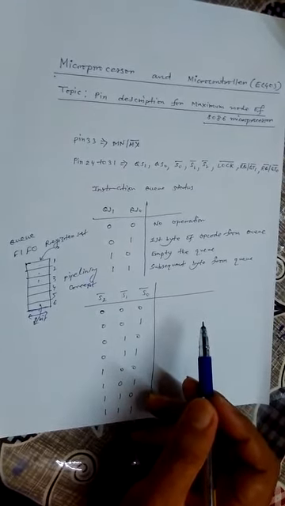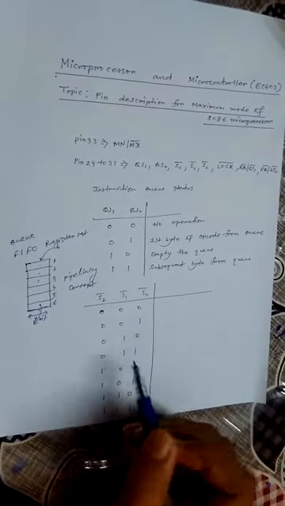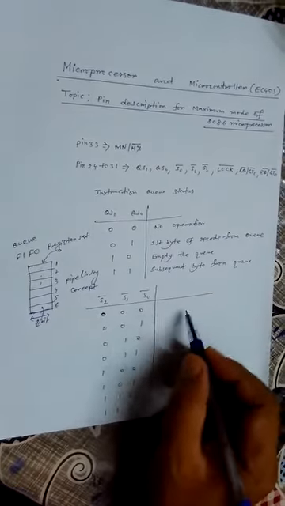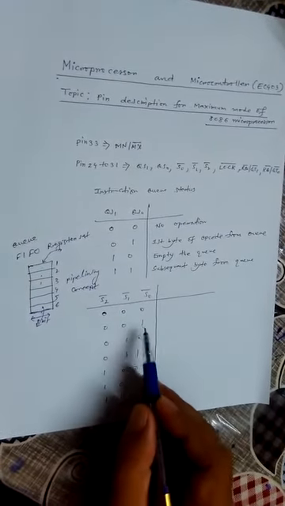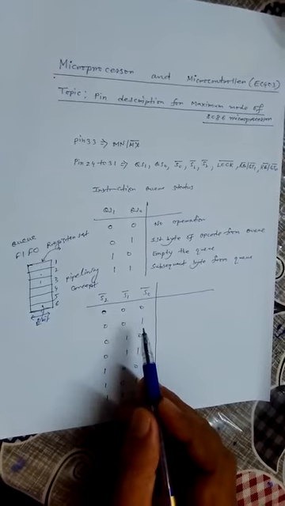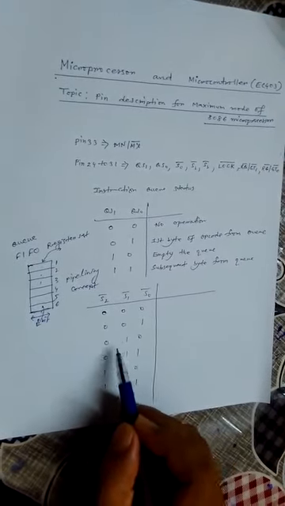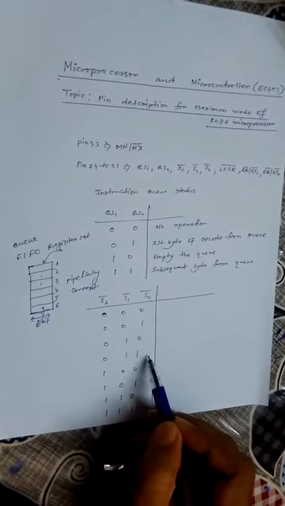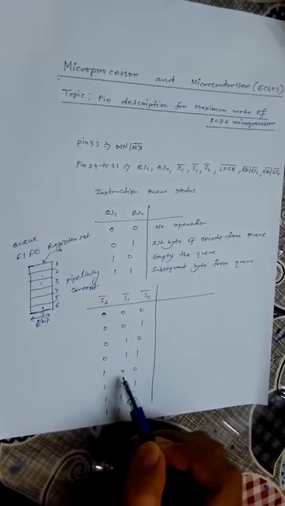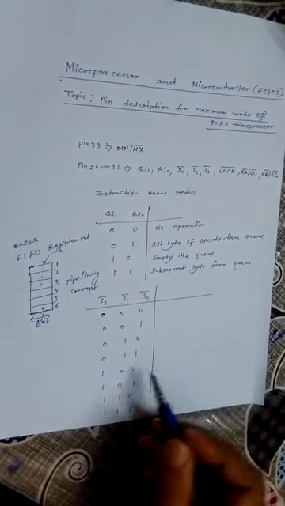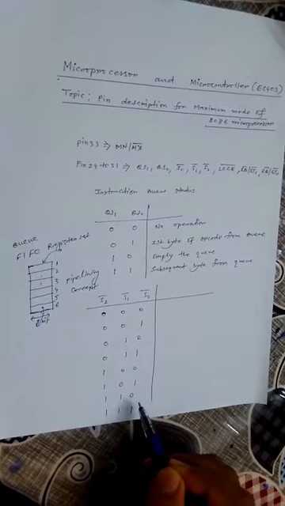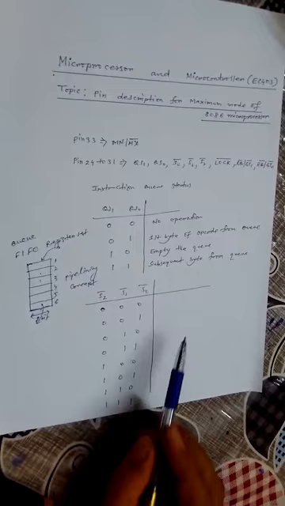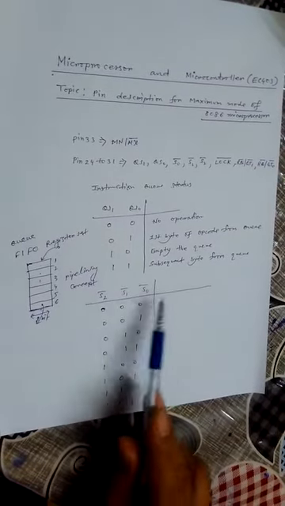The bus controller generates memory and IO access control signals. 000 is interrupt acknowledgement. 001 is read data from IO port. 010 is write data into IO port. 011 is halt, and 100 is opcode fetch, and then memory read, memory write, and the last is inactive. These are the functions. Accordingly the status will be decided.